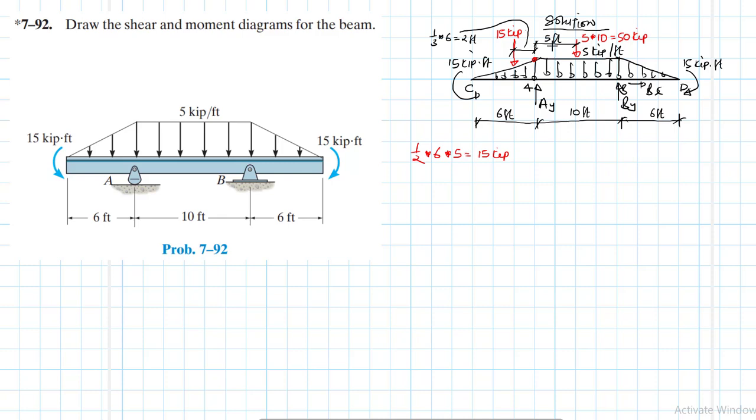Right, this is 15, right? 5 times 6 is 30, by half is 15. So we have the same value this side. Okay, so this is 15 kip. All right, and this distance also is the same. It's also 2 feet from B.